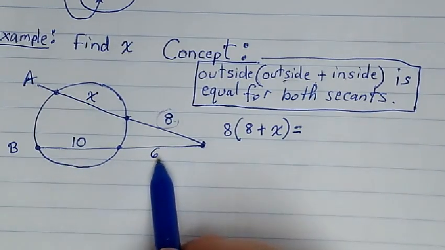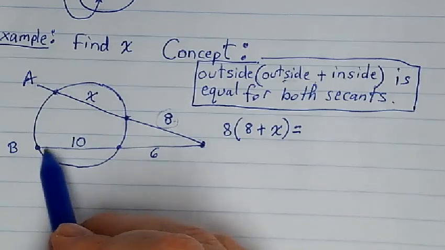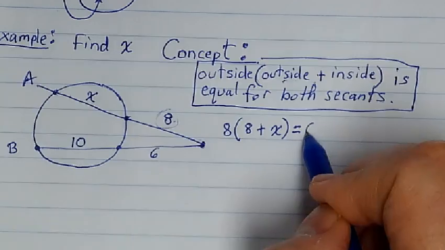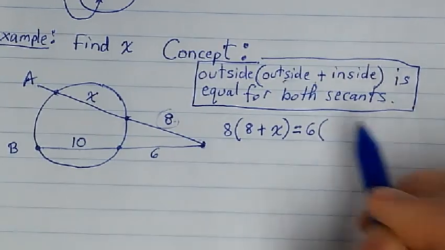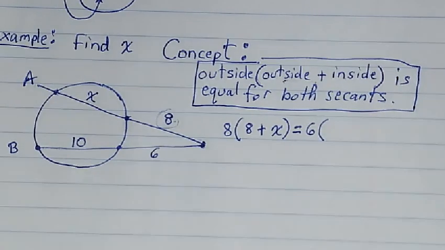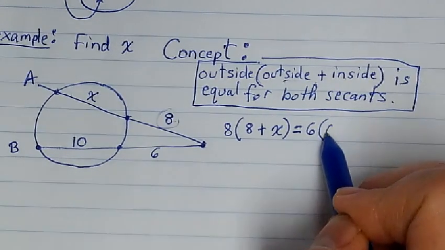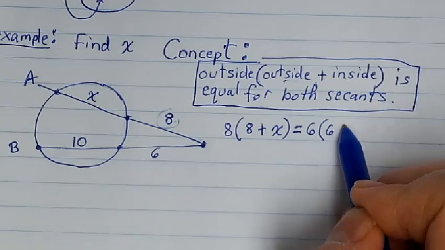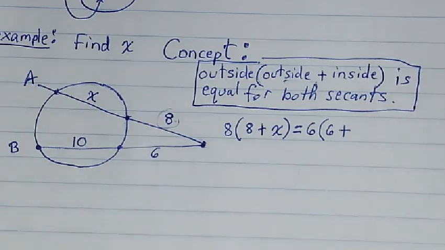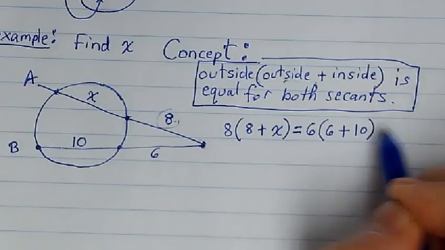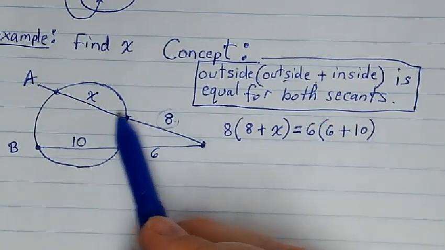On secant B, which is the outside length? 6. So if you take the outside length and multiply it by the sum of the outside and the inside, sum means add. So if you take the outside length, which is 6, plus the inside length. Now what's the inside length? 10. When you do that little pattern, it's equal for both of the secants. They're always equal that way.